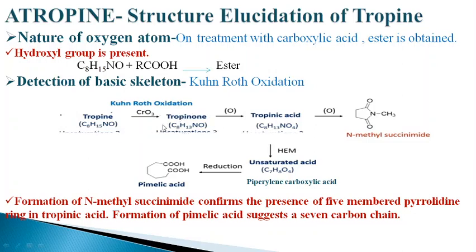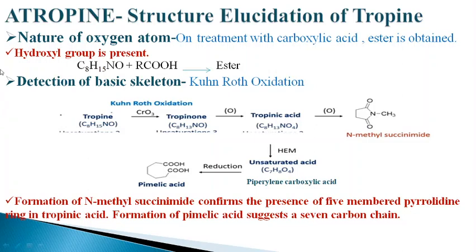As you can see, the number of carbon atoms in tropine and tropinone is the same. 2 hydrogen atoms are less in tropinone, and nitrogen and oxygen are the same. In this oxidation, the secondary hydroxyl group which is present is converted into a carbonyl group. Secondary alcohol on oxidation forms ketone. This is the inference drawn from this reaction.